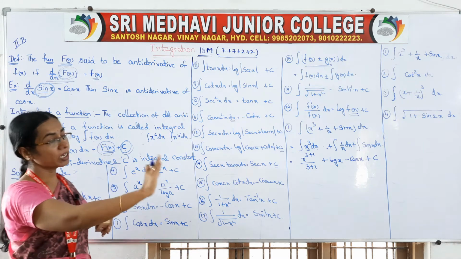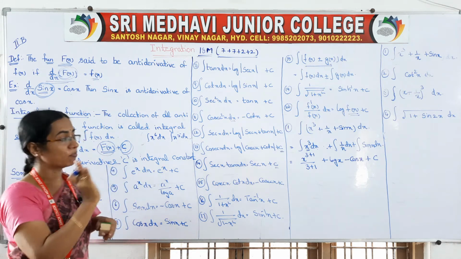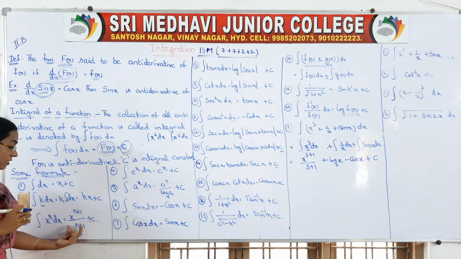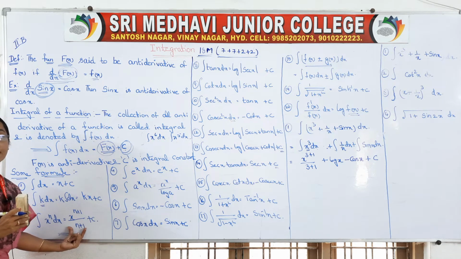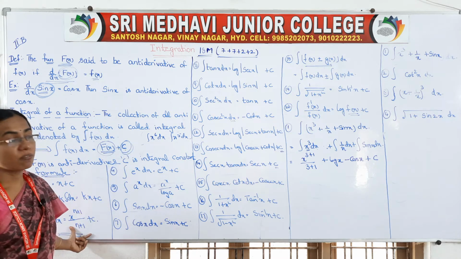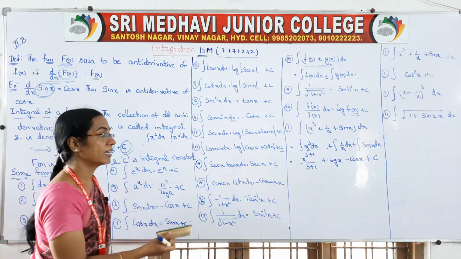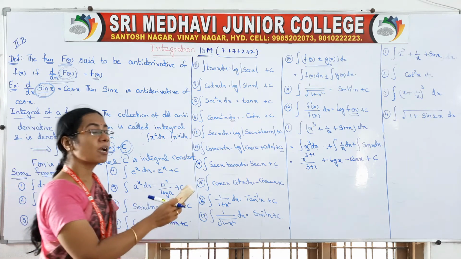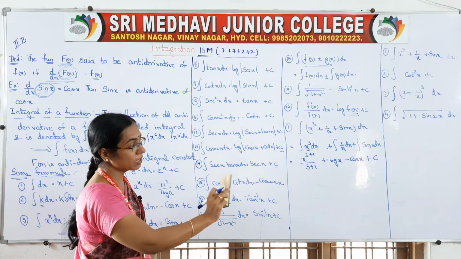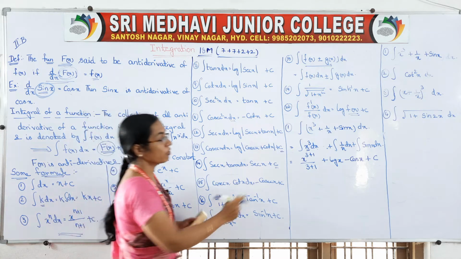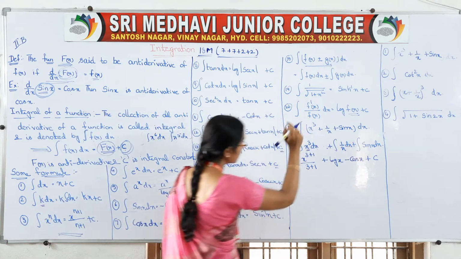But here all are nicely in our formula form. First one is integral x to the power of n dx is equal to x to the power of n plus 1 by n plus 1, plus c. Second, integral 1 by x dx is again a standard formula, log x, and integral sin x is nothing but minus cos x. After completing the problem, we have to write plus c. It is compulsory. Then only you will get 2 out of 2 for this problem.